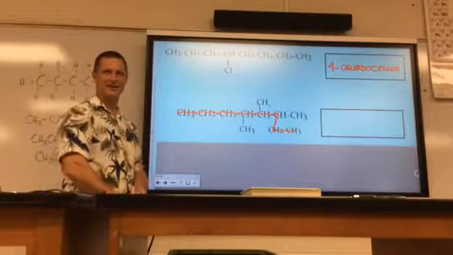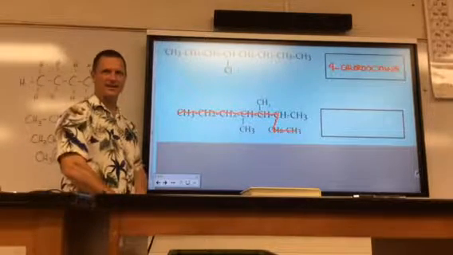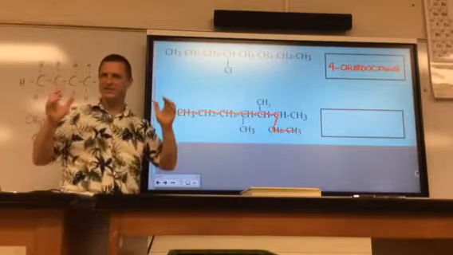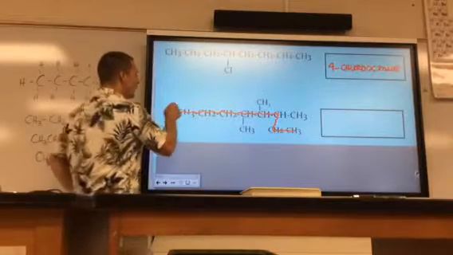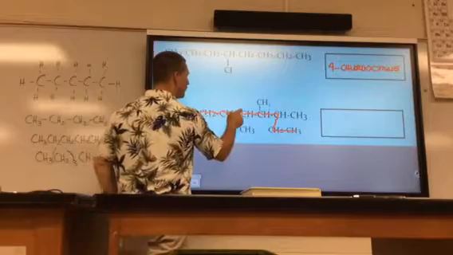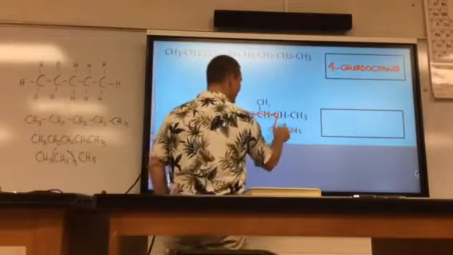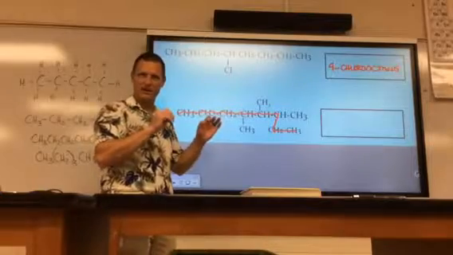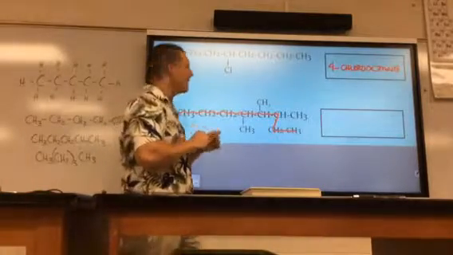I'm confused. I don't understand. How did you get octane? Okay, are you okay with the idea that the parent is the longest continuous chain of carbons? So 1, 2, 3, 4, 5, 6, 7, 8 carbons all are continuous. But why aren't you counting the ones in C?